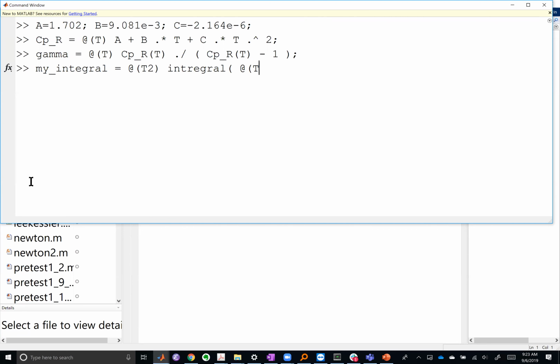And so we're integrating with respect to t. And so the function we're integrating is 1 over 1 minus gamma evaluated at temperature T times 1 over temperature.